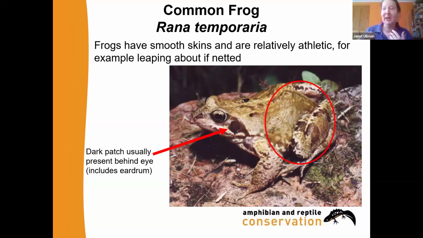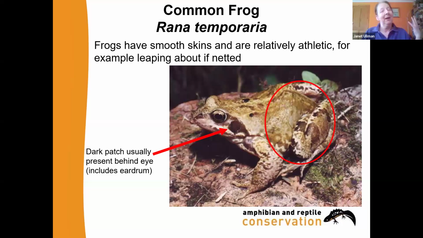So they have this amazing mechanism where they're all bent up like a spring and then released. And that's the jump that you can see. They are incredibly elegant jumpers, but they are smooth. They are very good to eat, hence the necessity of having the mechanism to be able to evade predators. Because all they've got going for them is the fact that they can jump away, because frogs taste good.